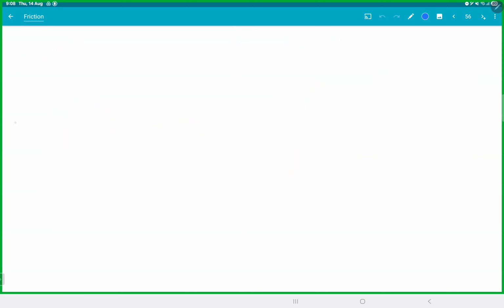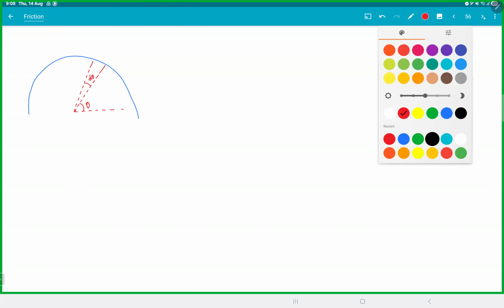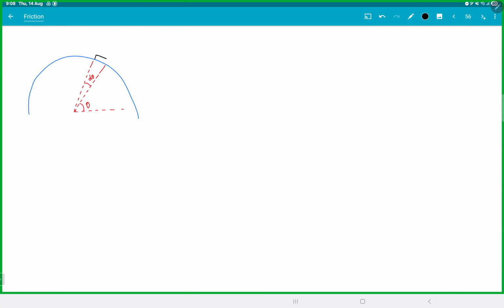So let's take the rope on the curve there. Friction is acting only on that hemisphere. So take any small piece here at an angle theta. Consider a small piece d theta. So the small rope there.